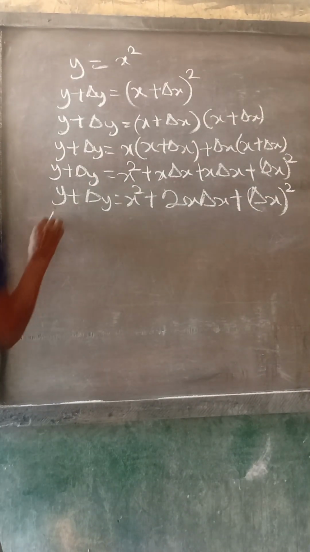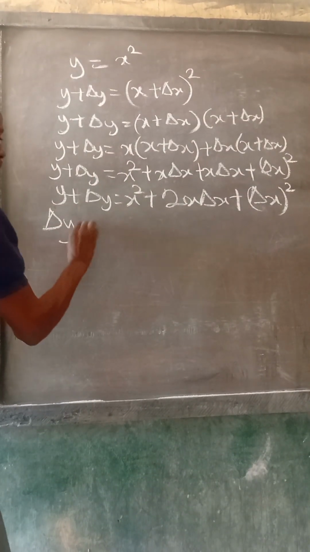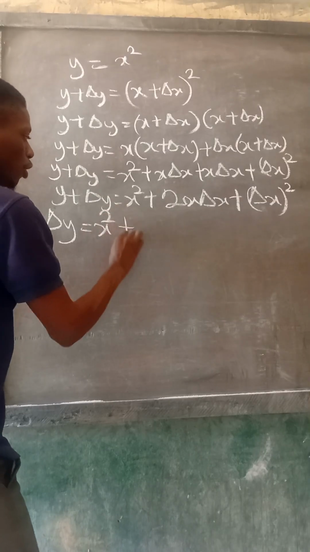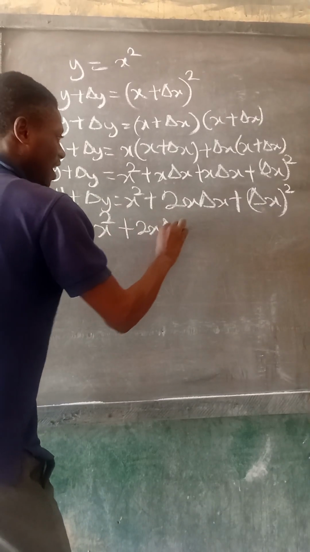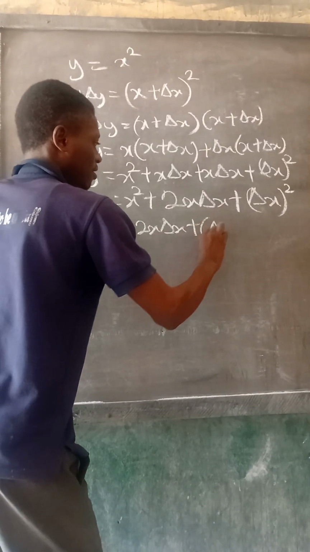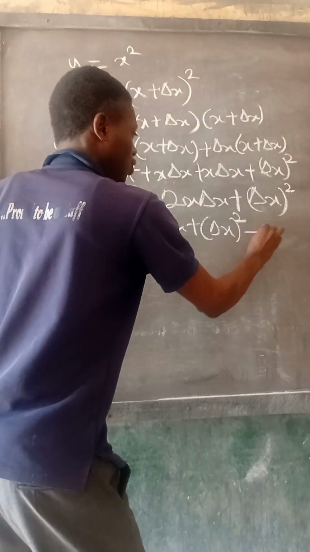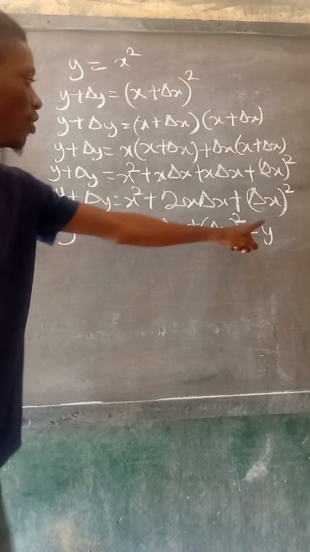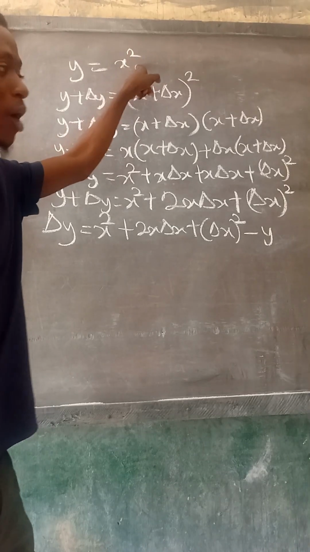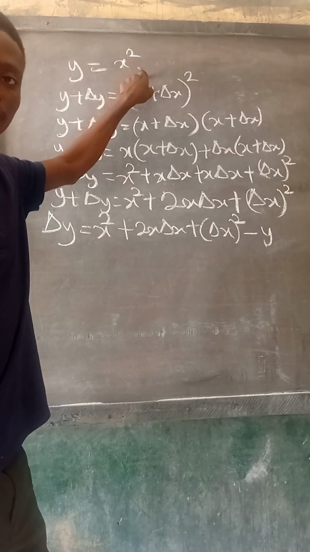So it's going to become delta y on this side equals x squared plus 2x delta x plus delta x all squared. So when it comes to this side, it changes to minus y. And don't forget, what's our y? x squared. So we are going to replace this y with this function of x.